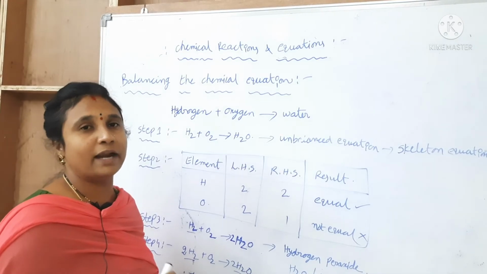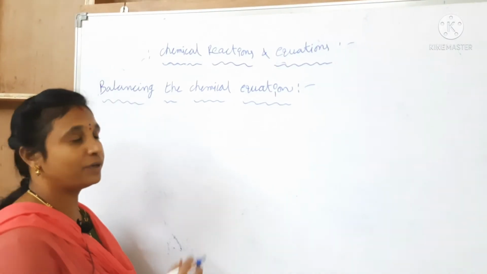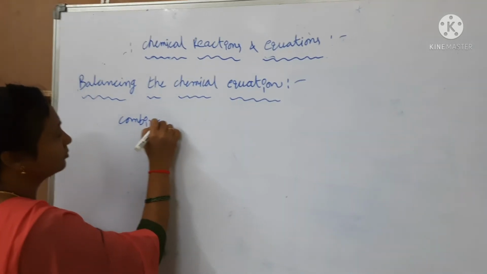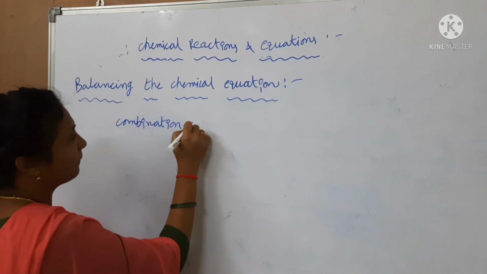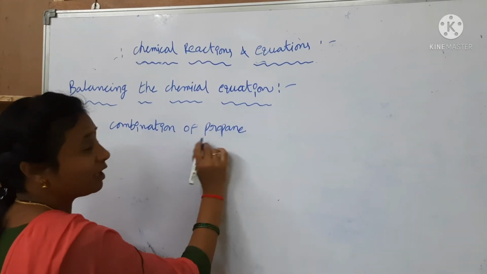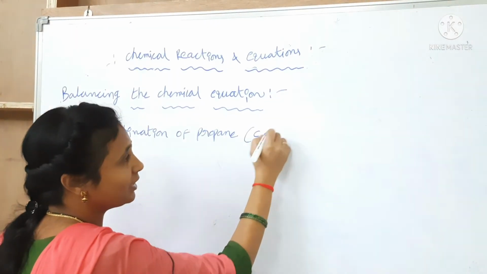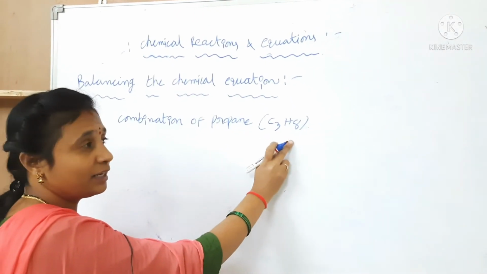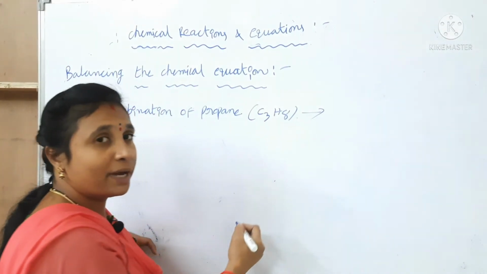Next, I will give another example. Another example is the combustion of propane. The chemical formula for propane is C3H8. It always has a burning nature.